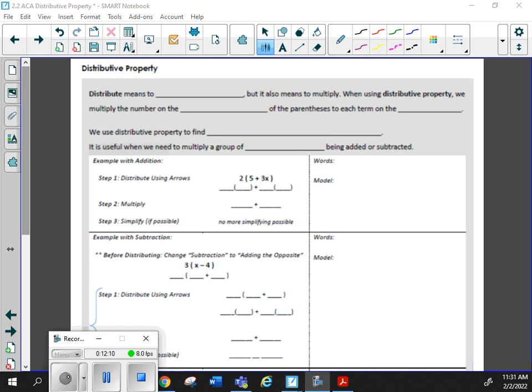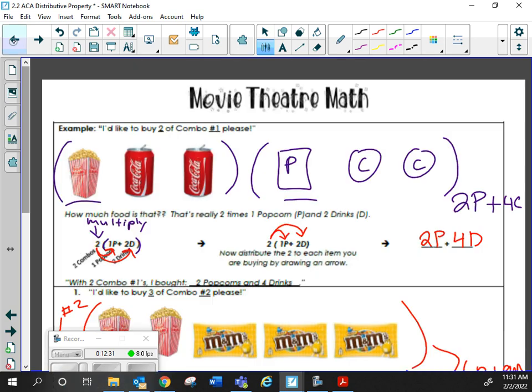Distributive property. We said that to distribute means to give out. But it also means to multiply, as we just talked about. When using the distributive property, we multiply the number on the blank of the parentheses with each term on the blank. What do y'all think? Okay, let's look back.